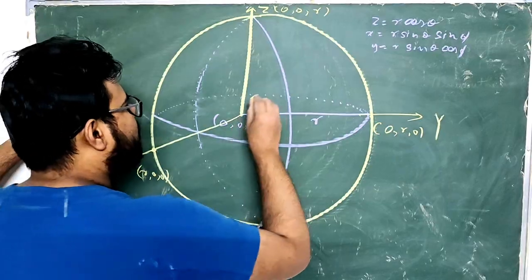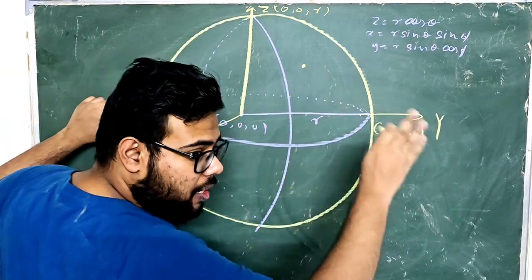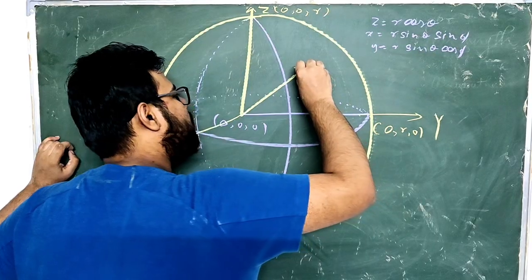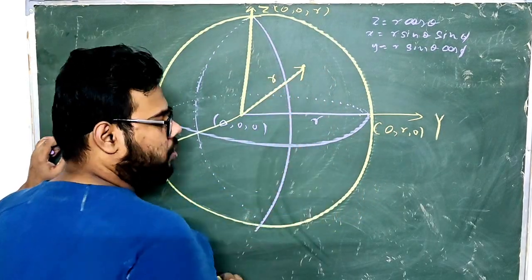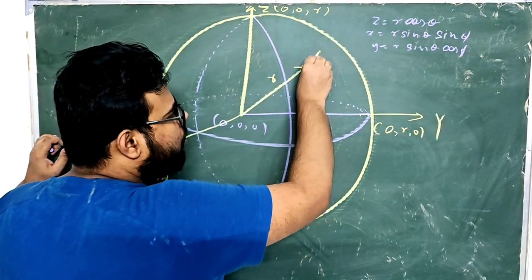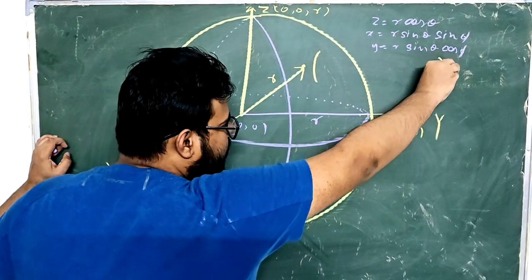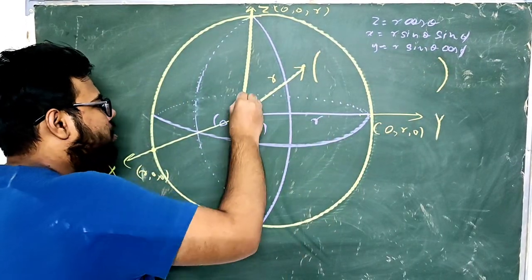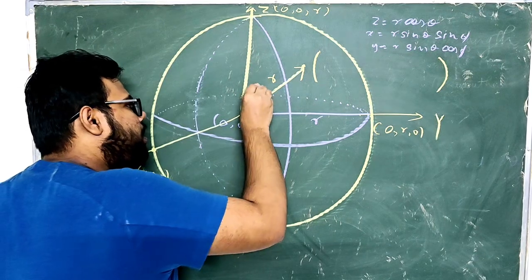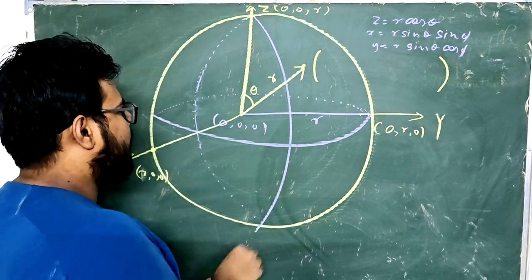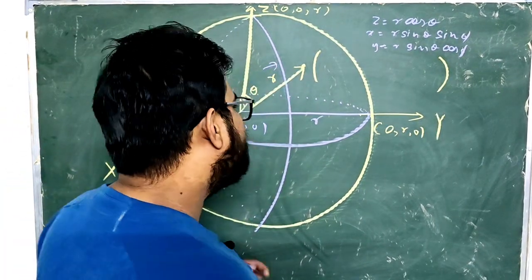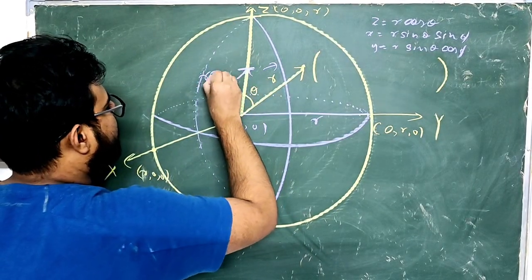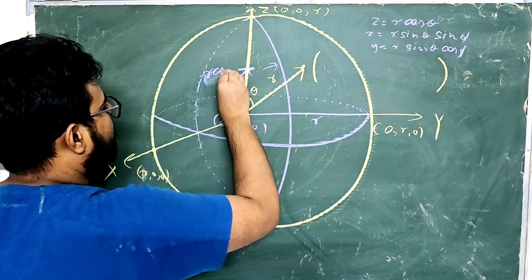Suppose this is a point on the surface of a sphere. There is a position vector r. Now what will be the coordinates of this point? Suppose this is angle theta, and this is the r vector. So the z component will be r cos theta.